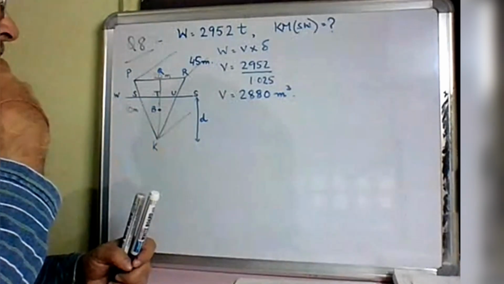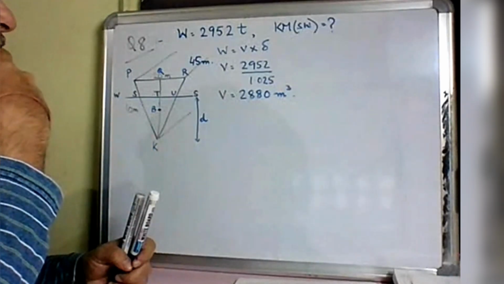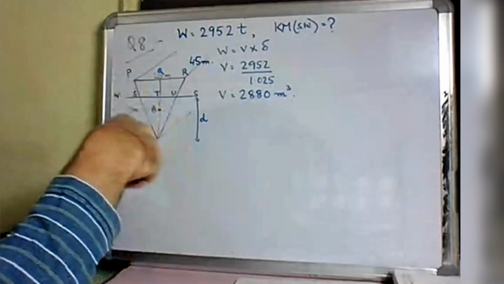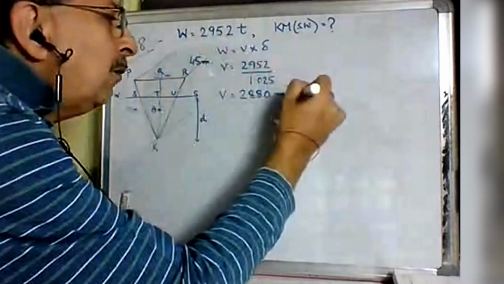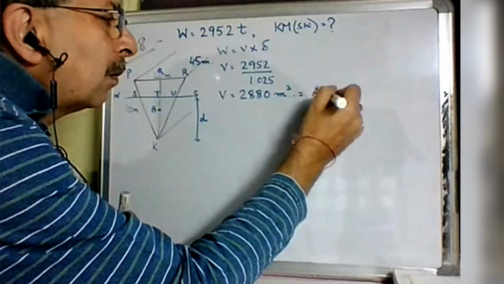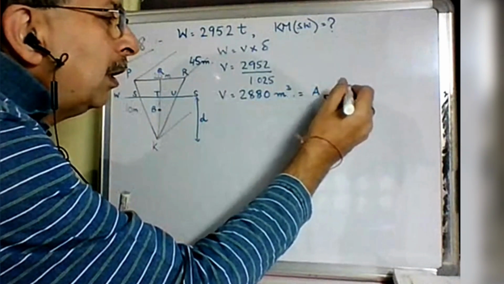Now, underwater volume is equal to the area of the underwater triangle into the length.